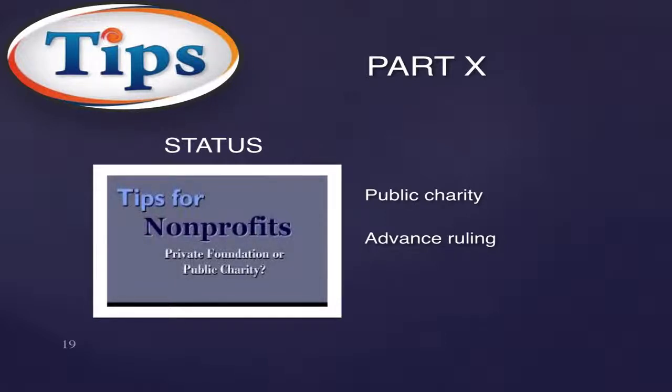Generally, organizations would want to have a more favorable tax status, so they would choose no. So if you choose no in this instance, you would move to line number 5. Question number 5.